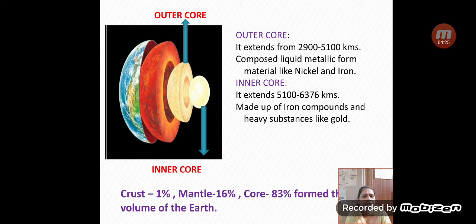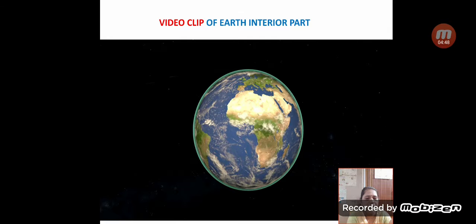Let me say some important points of this topic. The crust forms 1% of the volume of the earth, the mantle 16% and the core 83%. Okay students, now we watch a small video clip about the internal structure of the earth.